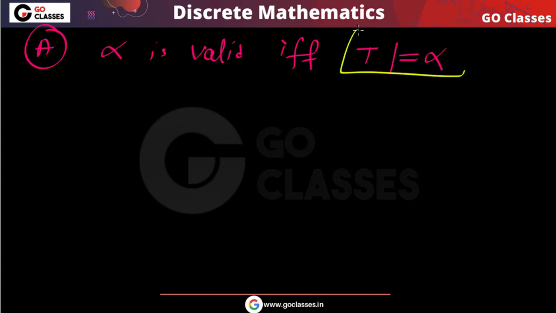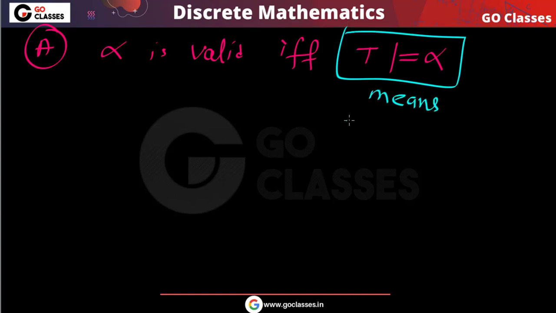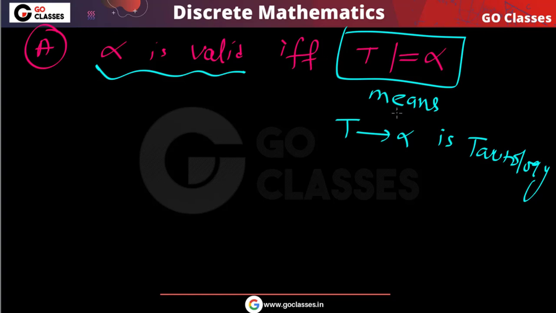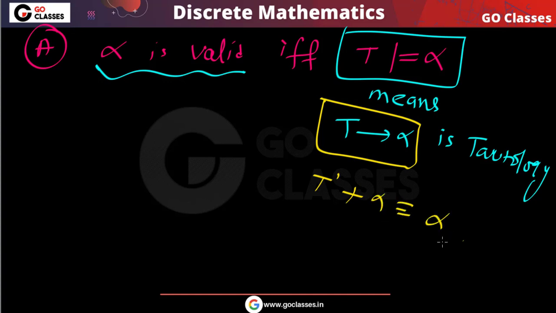First of all, don't be scared, just convert this. It simply means that true implies alpha is a tautology. True infers alpha simply means that true implies alpha is a tautology. And what is this true infers alpha? This means true or alpha, and this simply means alpha.